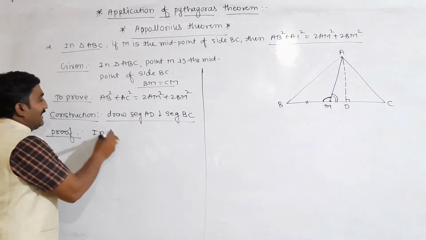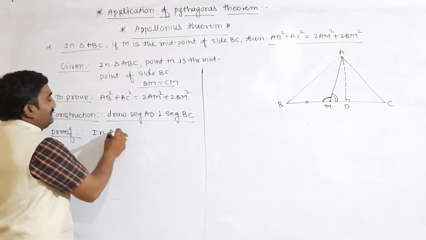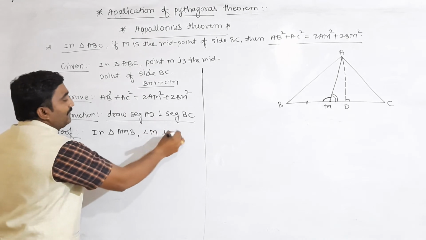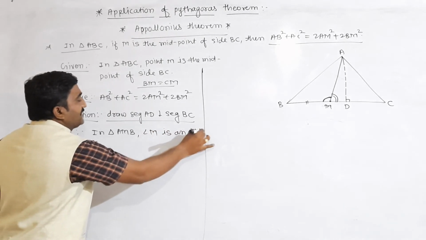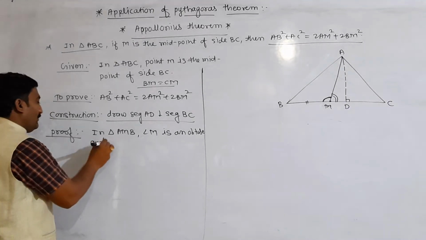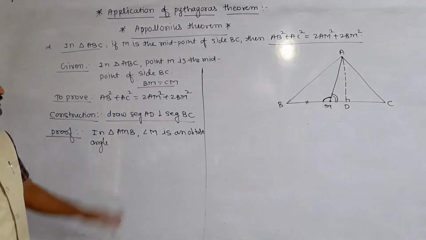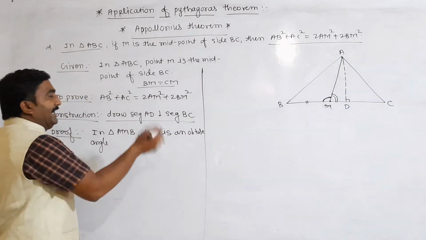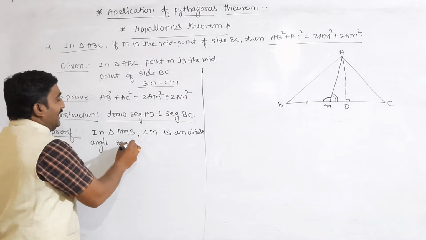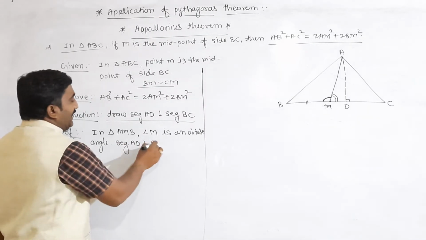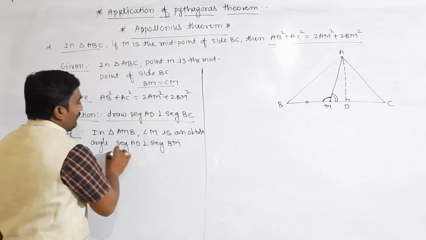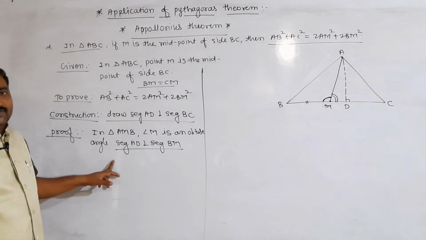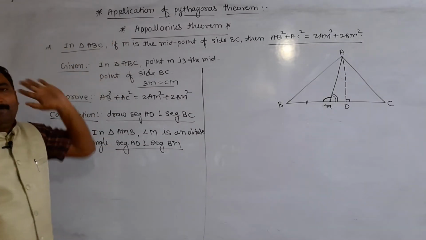So in triangle AMB, angle M is an obtuse angle and segment AD is perpendicular to segment BM. In this condition, we have to use the application of Pythagoras theorem.